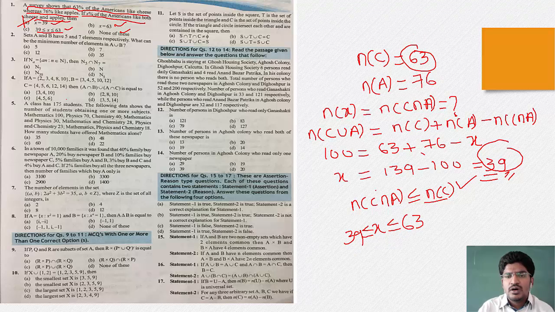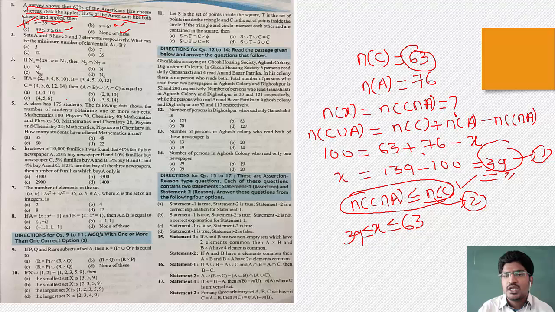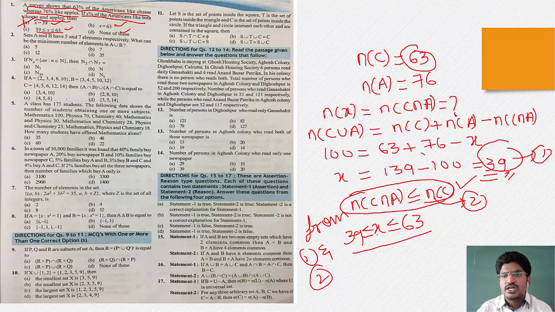Let us take this as equation 2 and the other as equation 1. From 1 and 2, this is your answer. That's why option C is the correct answer. Therefore, for the first question, option C is the answer. So be very careful while answering this type of questions.